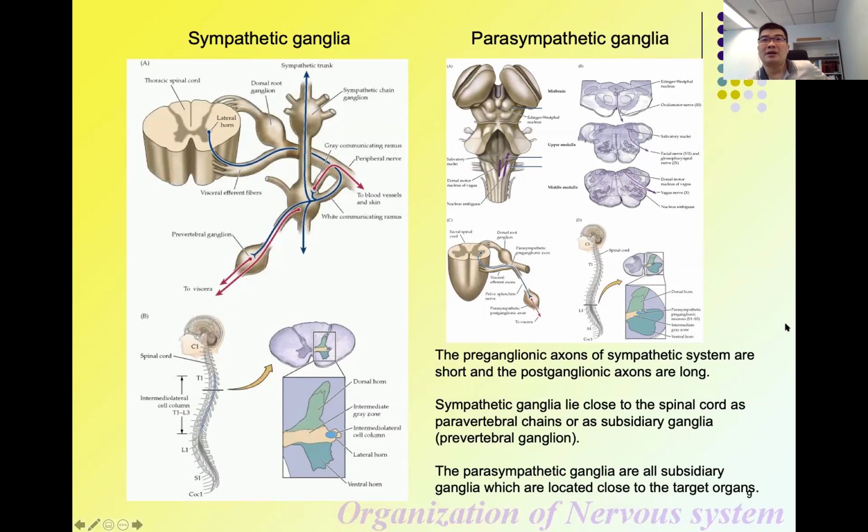So if you look at this picture, or here is better, it's very big. So the brainstem is here. Can you see that? The brainstem is actually inside the skull.